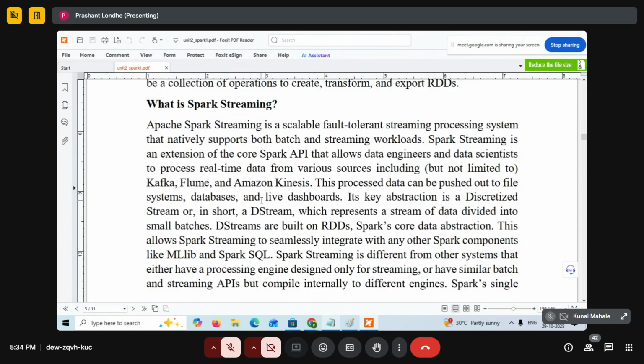So what is the meaning of Spark streaming? Spark streaming is a scalable, fault-tolerant stream processing system that natively supports both batch and streaming workloads.